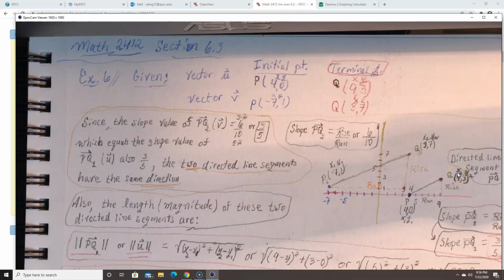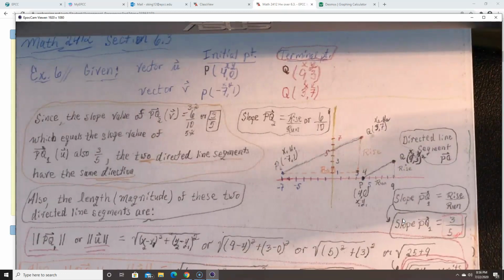That will be our x2 and our y2, and P, the initial point, will be our x1 and our y1. So let's find the length or magnitude of this vector u, or of the directed line segment PQ.